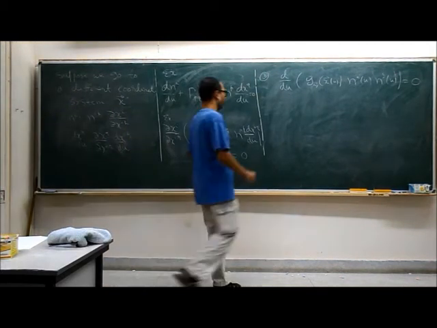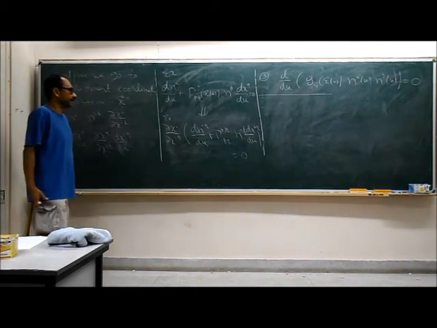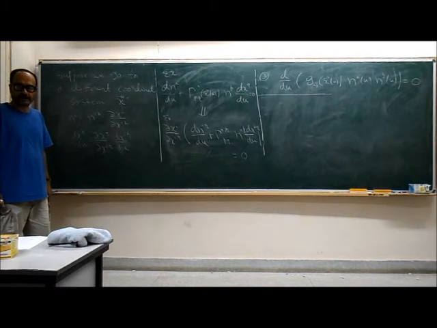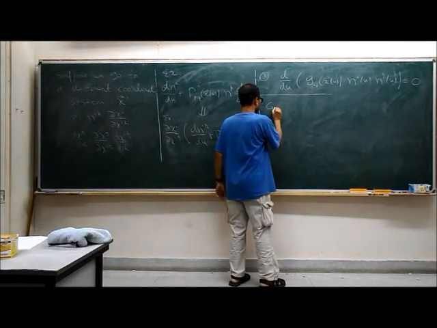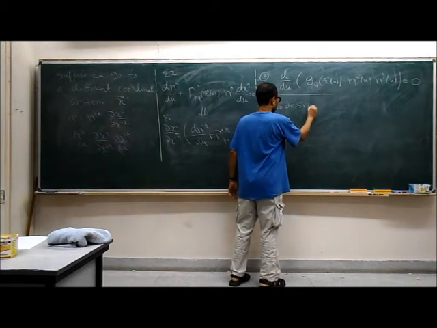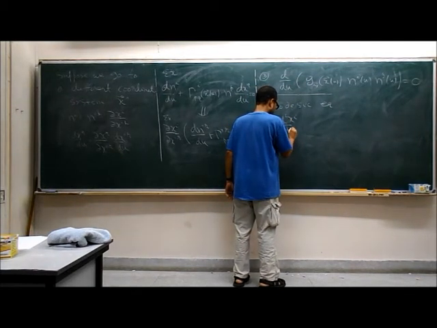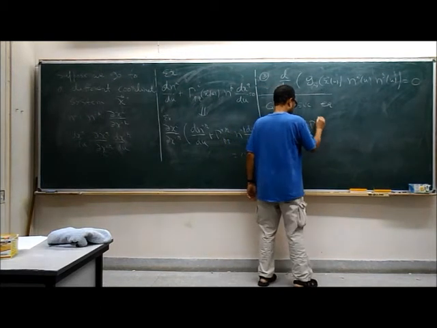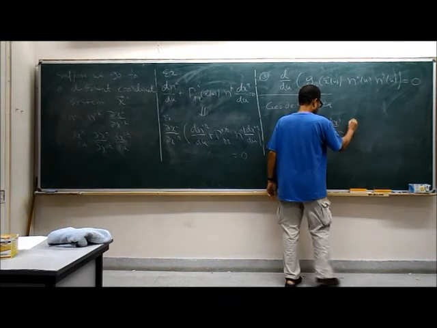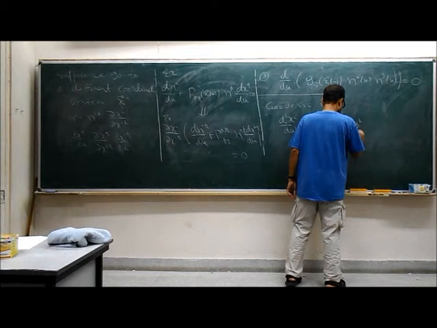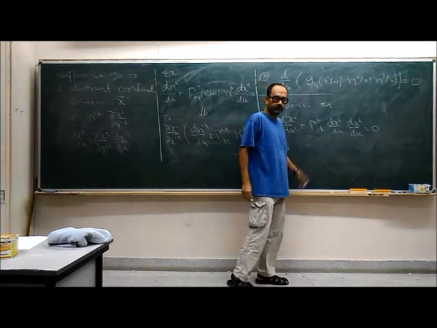This parallel transport equation also gives a new interpretation of the geodesic equation that we had derived. Let's go back to the geodesic equation, which had the form d2xi/du square plus gamma ijk dxj/du dxk/du equals 0.